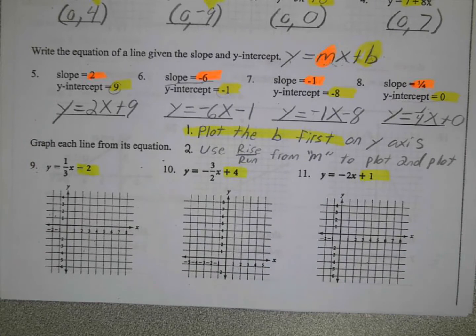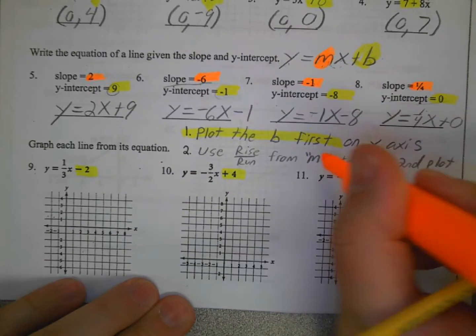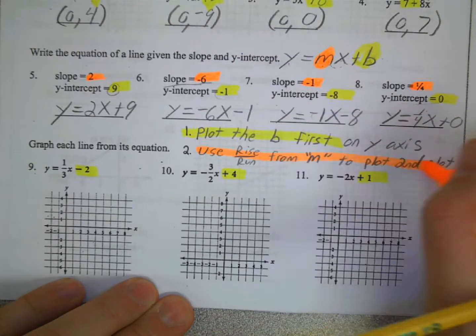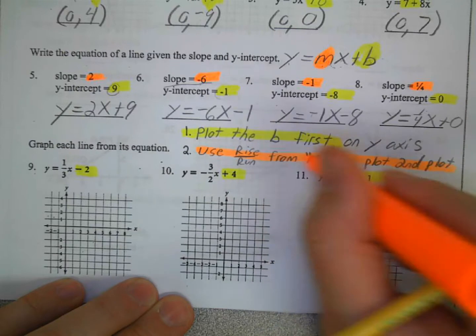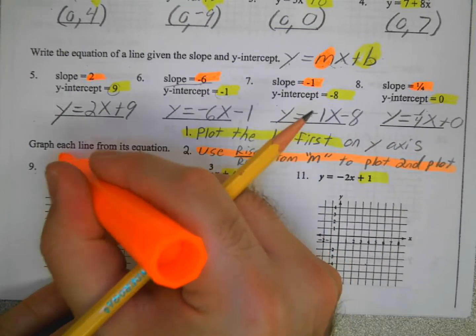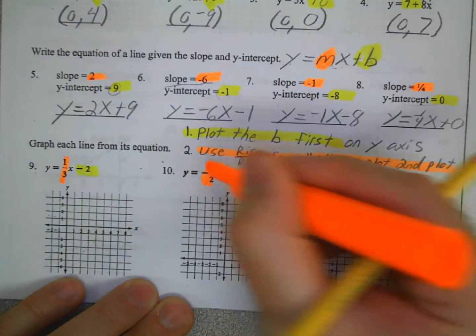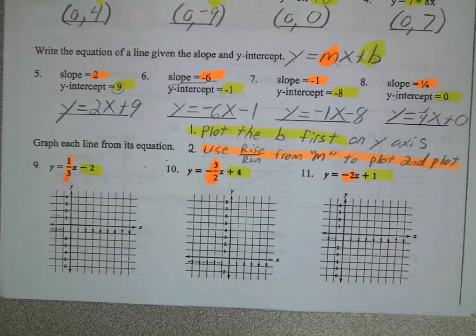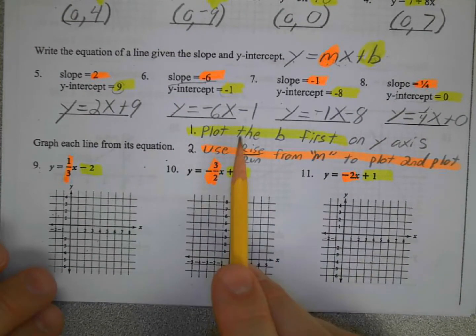So we've been saying the intercept is yellow, and then we said the slope is orange. So we'll just highlight all our slopes right here. Okay, so let's go ahead and do that, all right? So plot the b first.